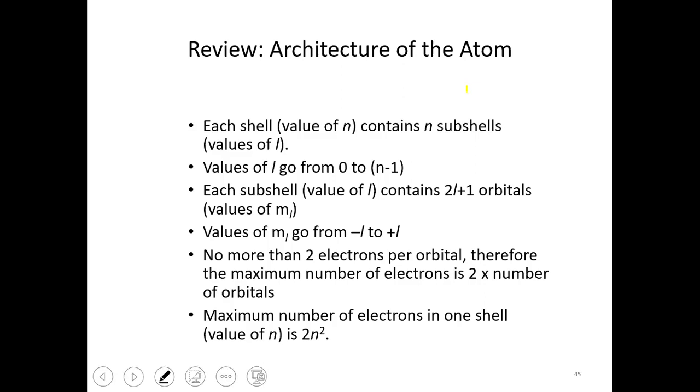So therefore, the maximum number of electrons would be 2 times the number of orbitals that are available to that particular atom. Remember that some atoms, because of the period they're in, cannot go above a certain value of n anyway. Maximum number of electrons in one shell would be 2n squared.